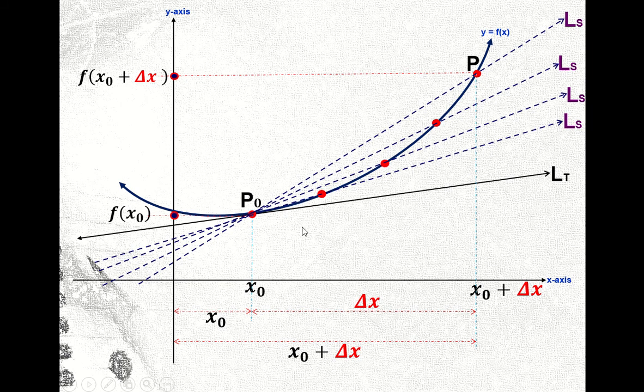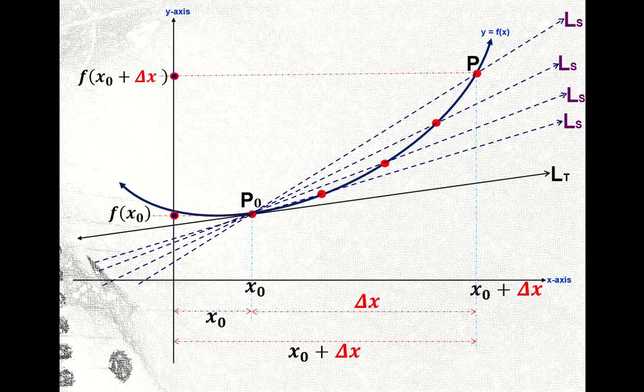What will happen to our delta x? Our delta x is getting smaller and smaller, and it approaches 0.